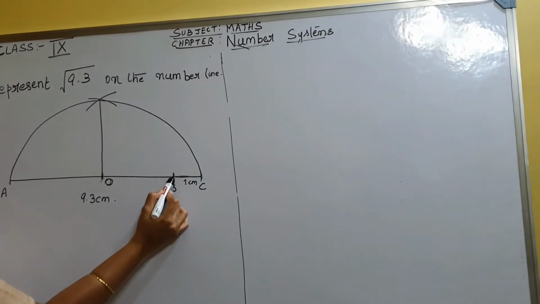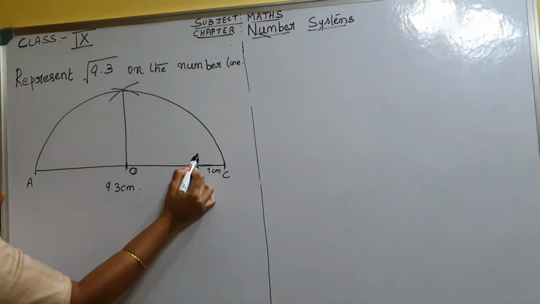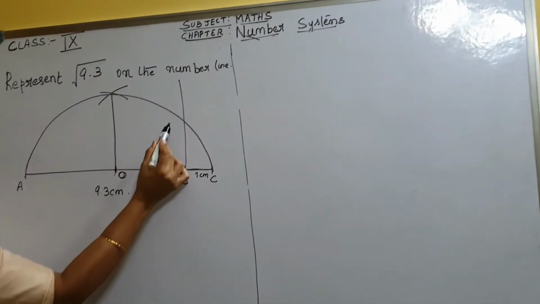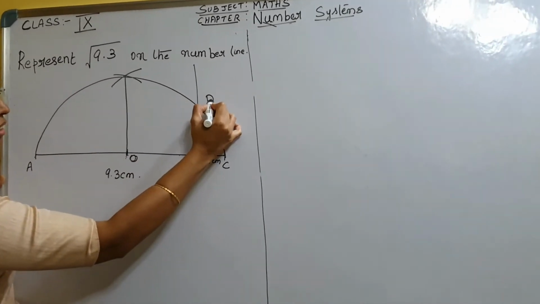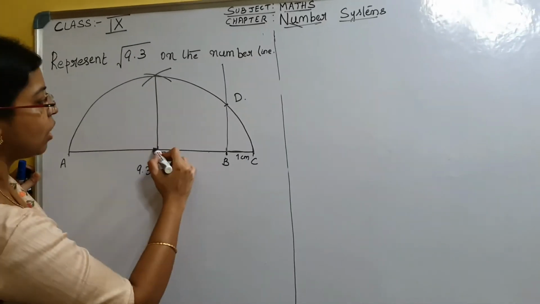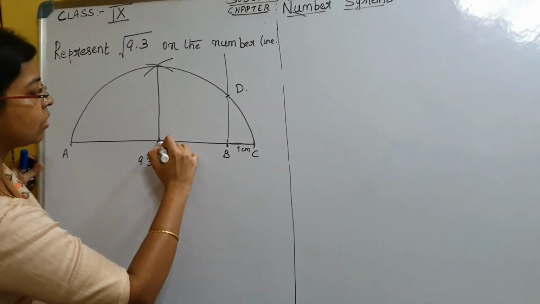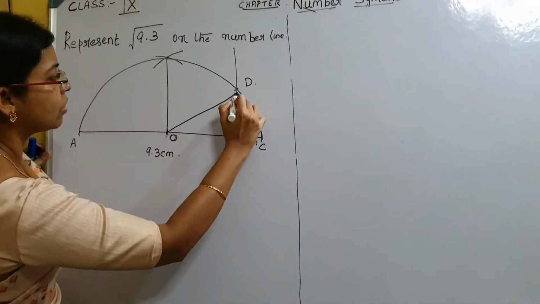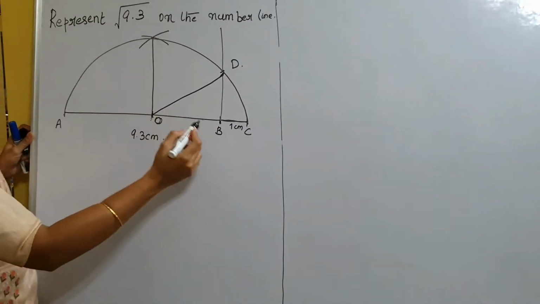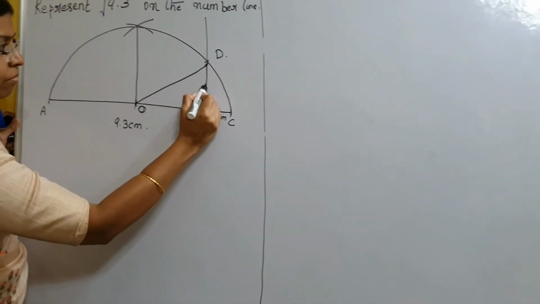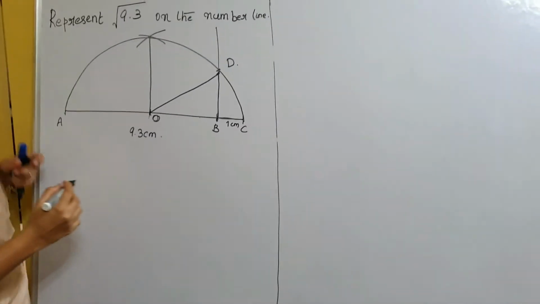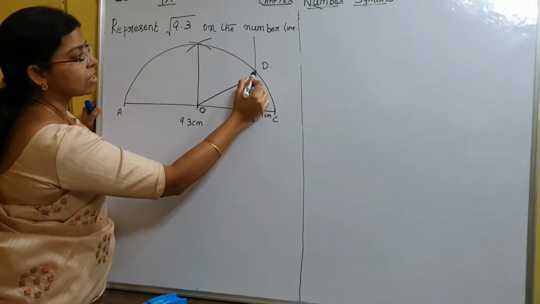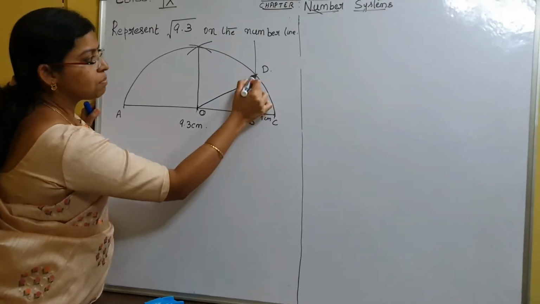From point B, draw a perpendicular line to intersect the semicircle and call this point D. So what is BD?